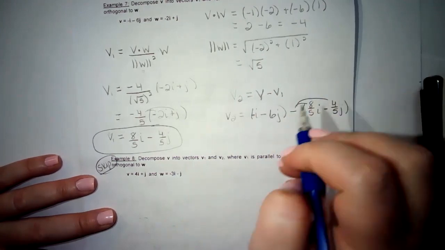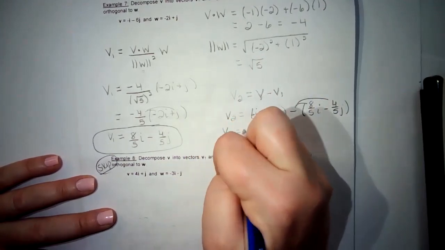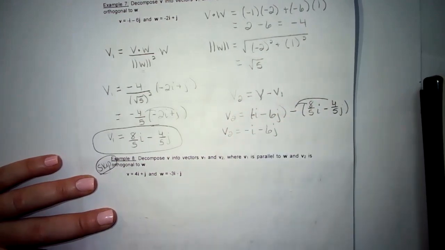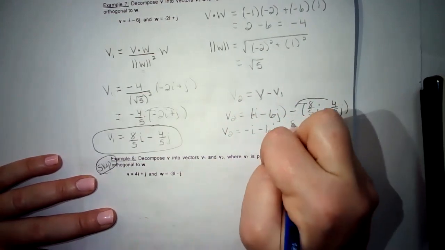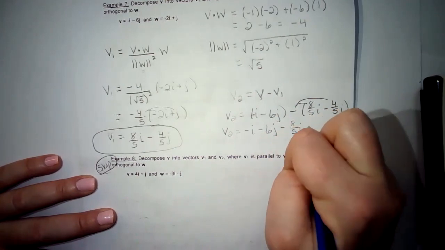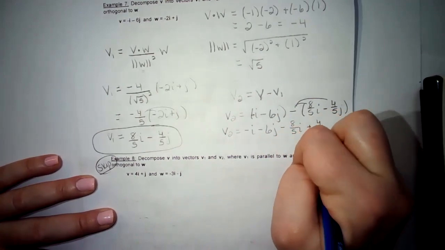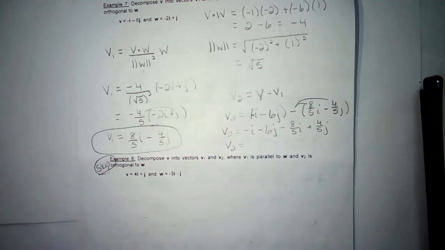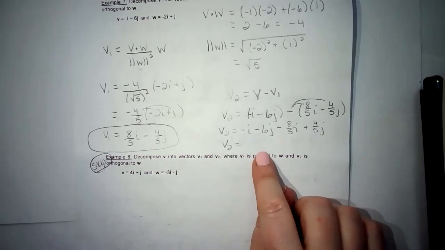And we're going to have to distribute that negative. So I'm going to have negative i minus 6j minus 8/5 i plus 4/5 j. I don't mind doing trig stuff all day long, but I'd rather be beat than have to do this. So I'm going to do it in my calculator.